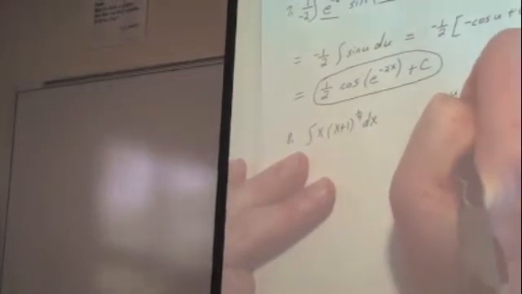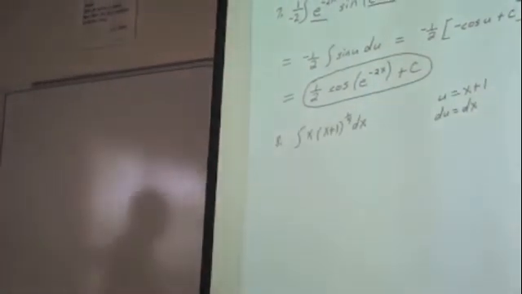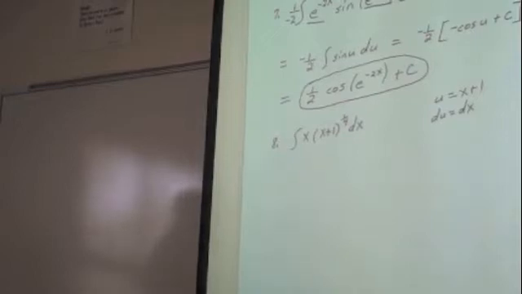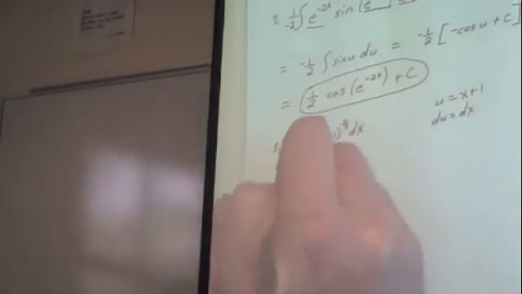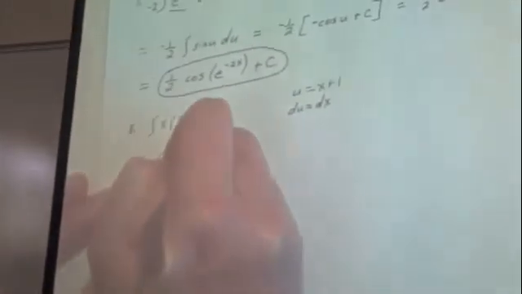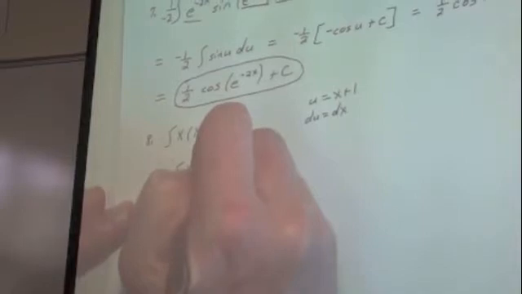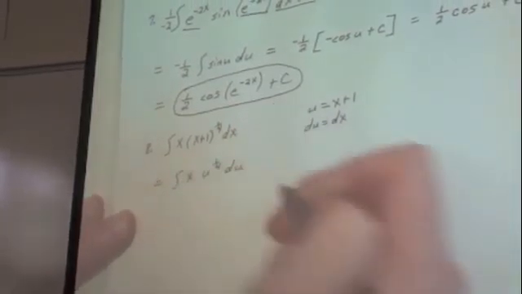We know that du is just dx, and at this point, some people think, oh, substitution doesn't work then. But we know it does, right? So, whenever you try to go back in and represent this, you'd be getting the integral of x times u to the 1/4 du.